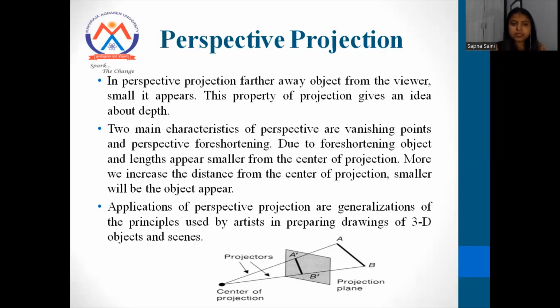We will further see this. Applications of perspective projection are generalizations of principles used by artists in preparing drawings of 3D objects and scenes. It is similar to the previous picture that we have seen, that apple on a book which is drawn on a 2D paper but appears to be in a realistic 3D world.